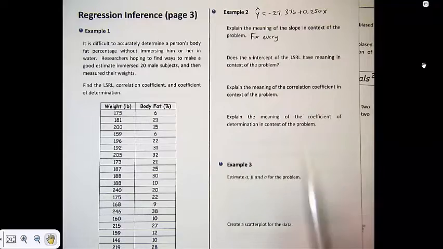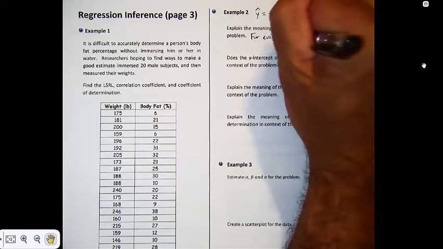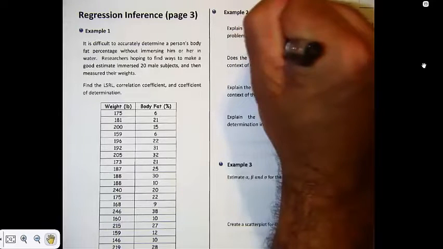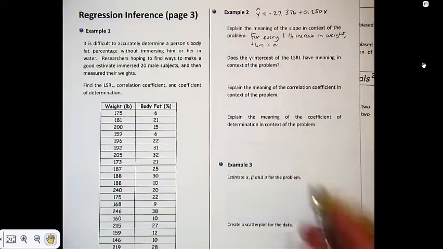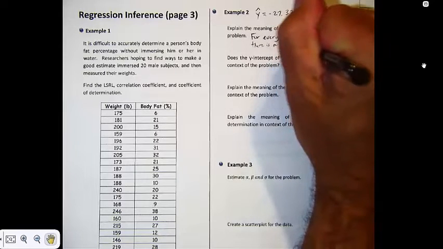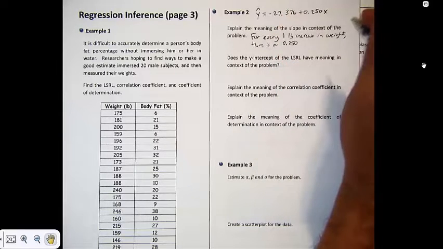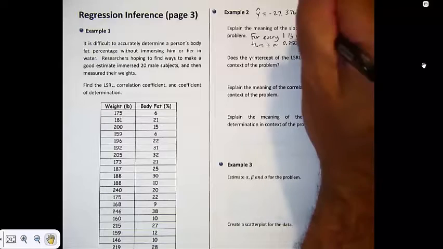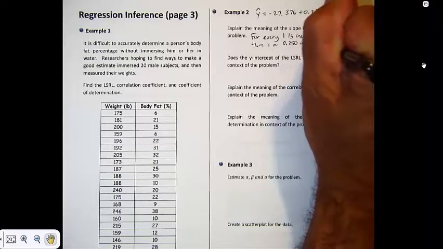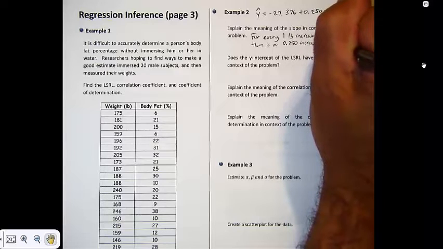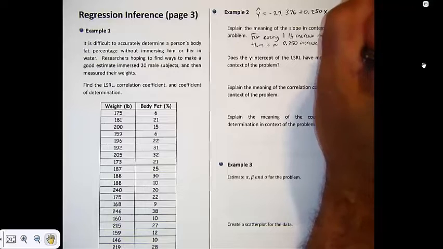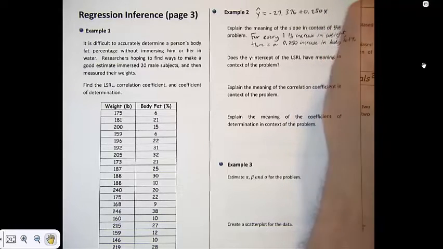Our slope here is 0.250, and it's positive, so for every 1 pound increase in weight, there is a 0.250 increase in body fat percent.